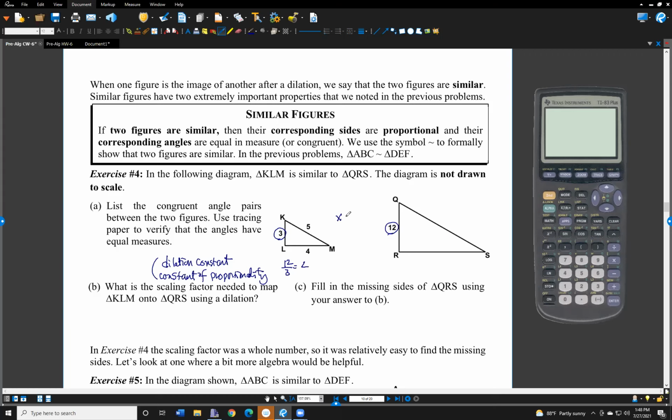Always times 4, for any corresponding side. That is the dilation constant. Increased, enlarged. For the corresponding sides we already got, 3 times 4 is 12, 5 times 4 is 20, and 4 times 4 is the corresponding side. Always increased by 4 times. What is the scaling factor? The dilation constant, which is 4, isn't it? From here to here, increase times 4. Just 4 is enough.